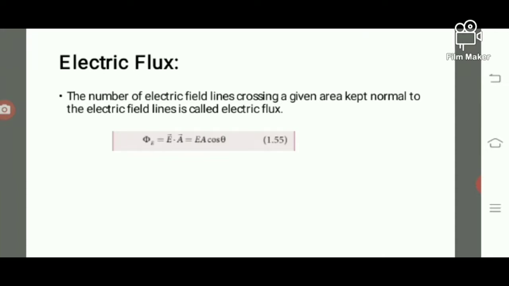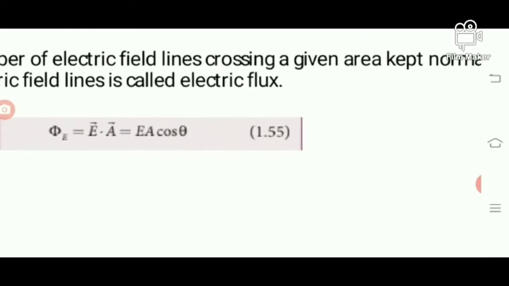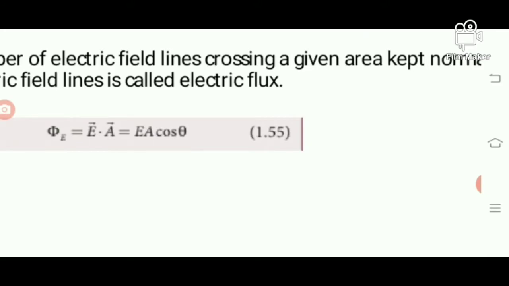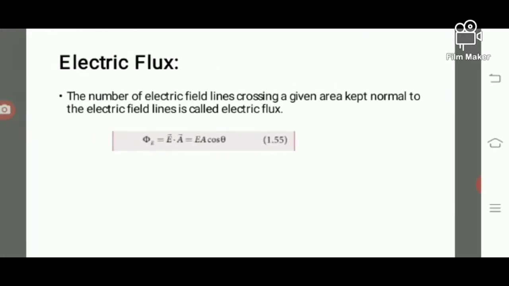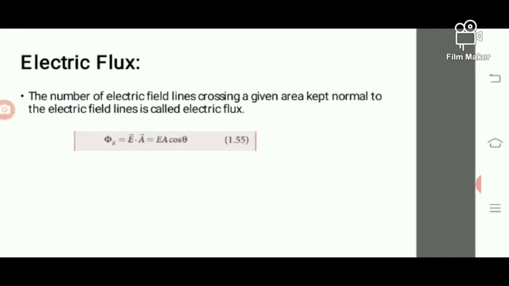The equation is phi E equal to E vector dot A vector equal to EA cos theta. This is electric flux.